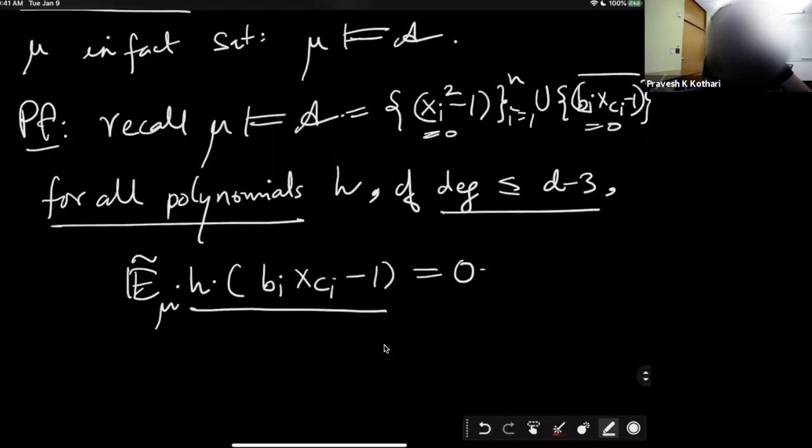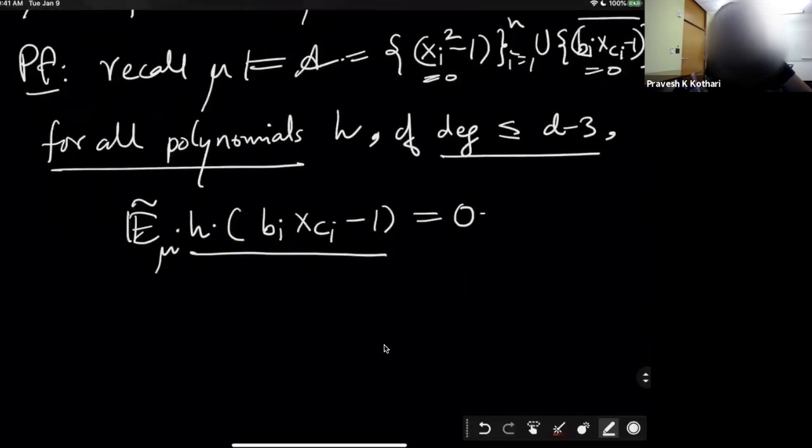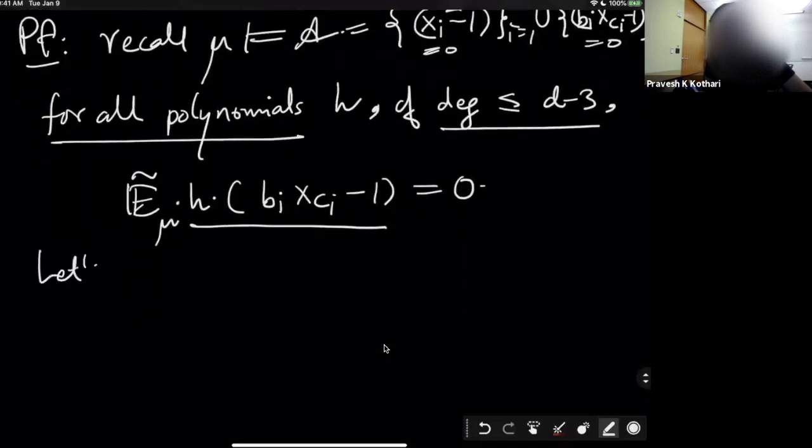And so we didn't quite prove this last time, but in fact, our construction satisfies the stronger property that for all polynomials H, the pseudo expectation of H times b_i x_{C_i} minus 1 is in fact 0. Okay, why is this true? Let's quickly verify that.